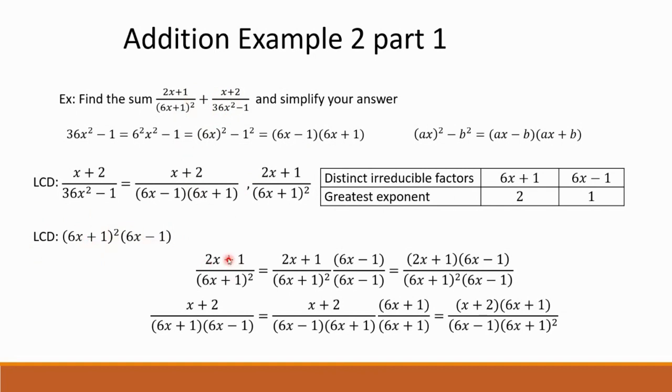So for instance, for the first one here, we're going to multiply. We want the denominator to become this product, the LCD. Notice we're missing 6 times x minus 1. Okay, 6 times x minus 1 we're missing.